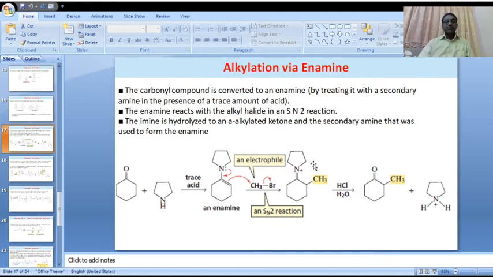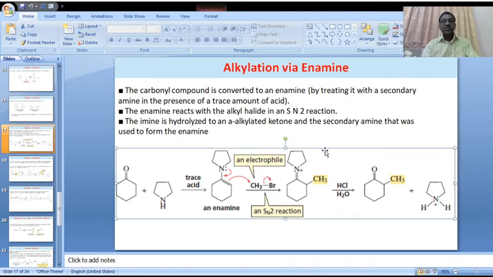The enamine reacts with the alkyl halide, here methyl bromide, in an SN2 mechanism, an SN2 reaction.